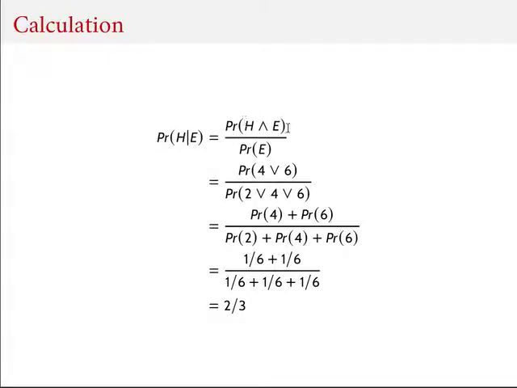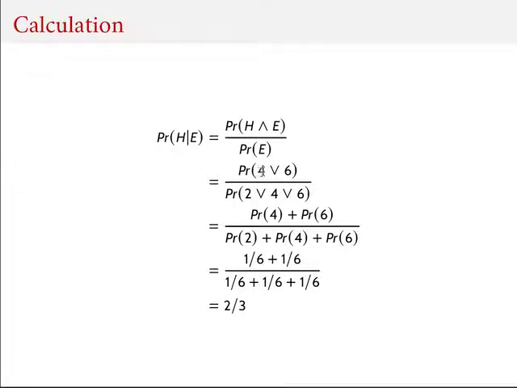So this step, after we've unpacked the conditional probability given its definition, is simply rewriting these probabilities in logically equivalent ways. Now, very similar to above, what we notice is that these different ways, the die landing 4 or the die landing 6, are mutually exclusive. That is, the die cannot land both 4 and 6.